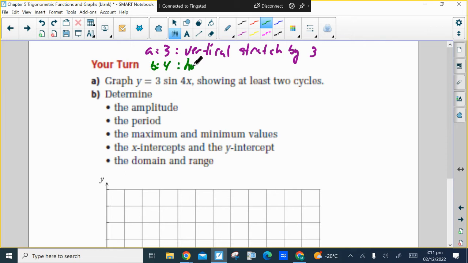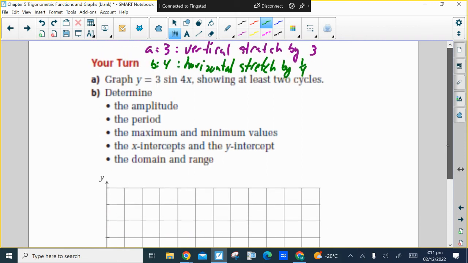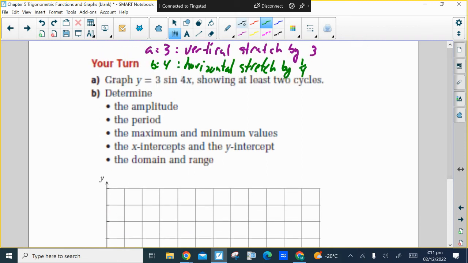That's going to cause a horizontal stretch by a quarter. So our period will be 360 degrees divided by 4, which is every 90 degrees.